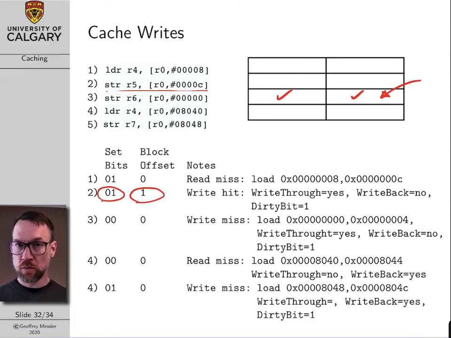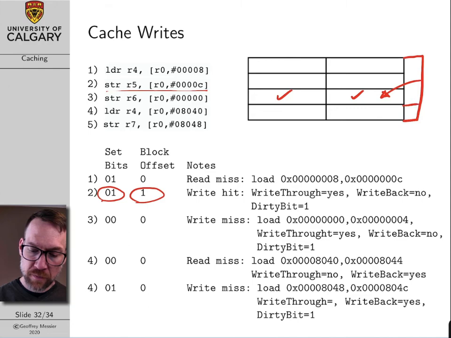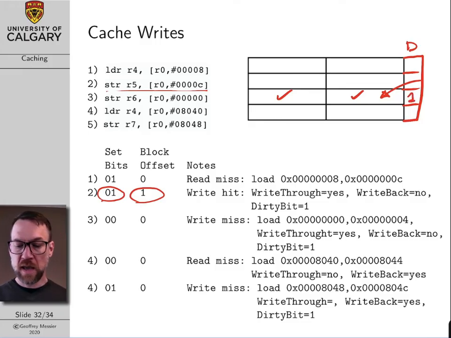So I'm just going to write directly to this cache location. We're also going to have, just drawing it off to the side, a dirty bit, and we would set the dirty bit equal to 1 because we have written to this cache location. So now the value in the cache no longer matches the value in main memory.